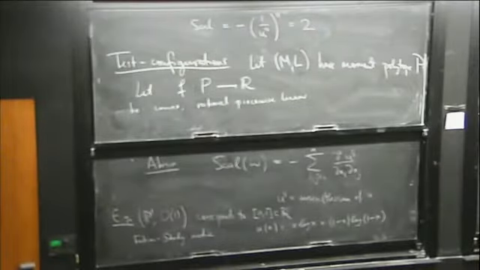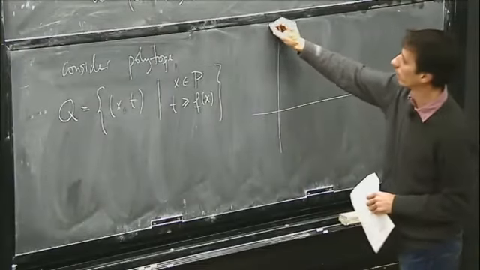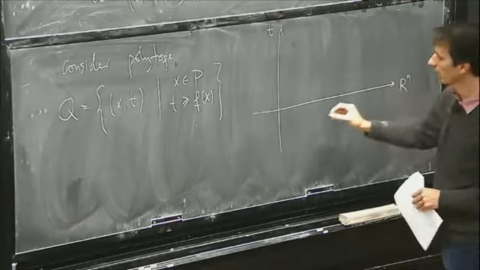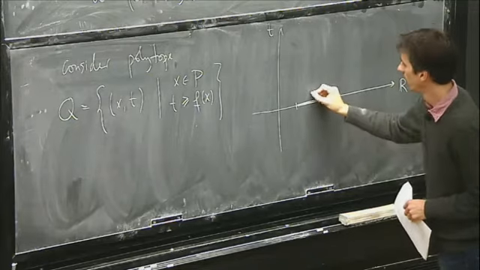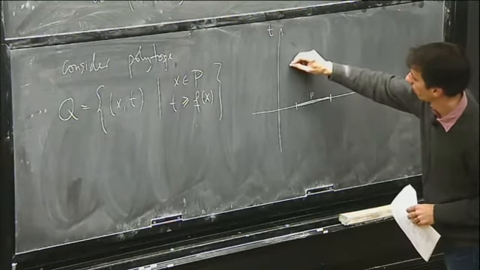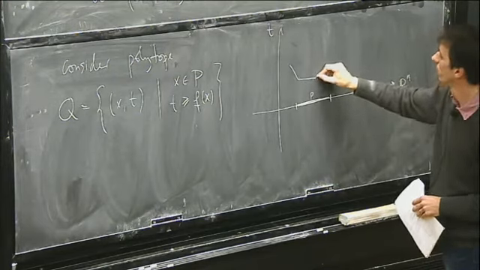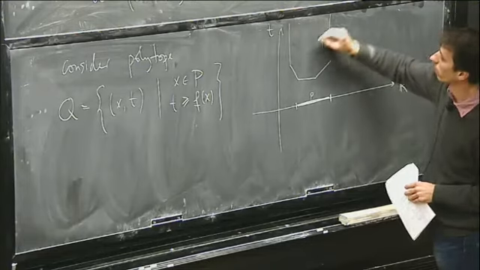Okay, so let me just draw a picture. If this is our R^n, where the P lives, and this is this t variable, and you have some polytope, say P, then let me draw the function here. So you have some sort of rational, piecewise linear, convex function. You look at its graph, and then Q is just everything above the graph.